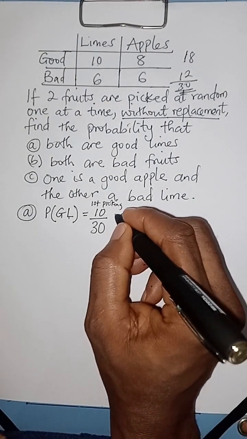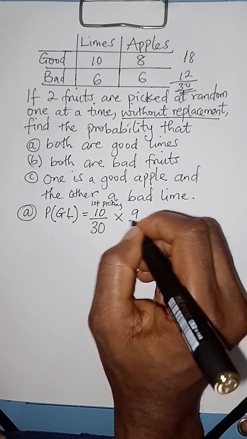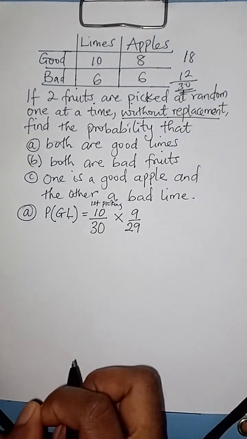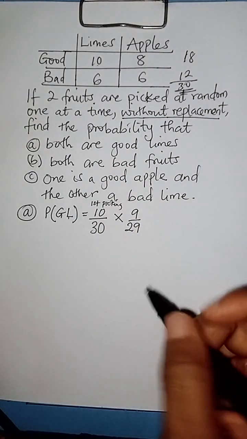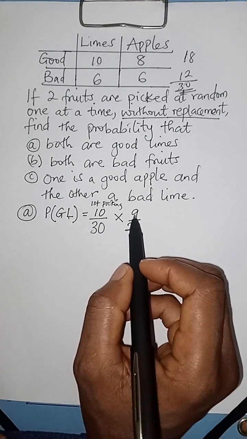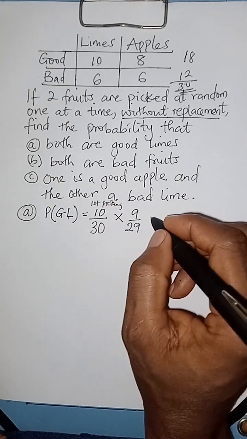So 10 over 30 multiplied by the second picking, which is going to be 9 out of 29. Why is it 9? Because you've picked one and it was not replaced. So if you pick one out of 10 good limes, it will be left with 9, and then the number of fruits in the bag will be left with 29. So this is what you're having.